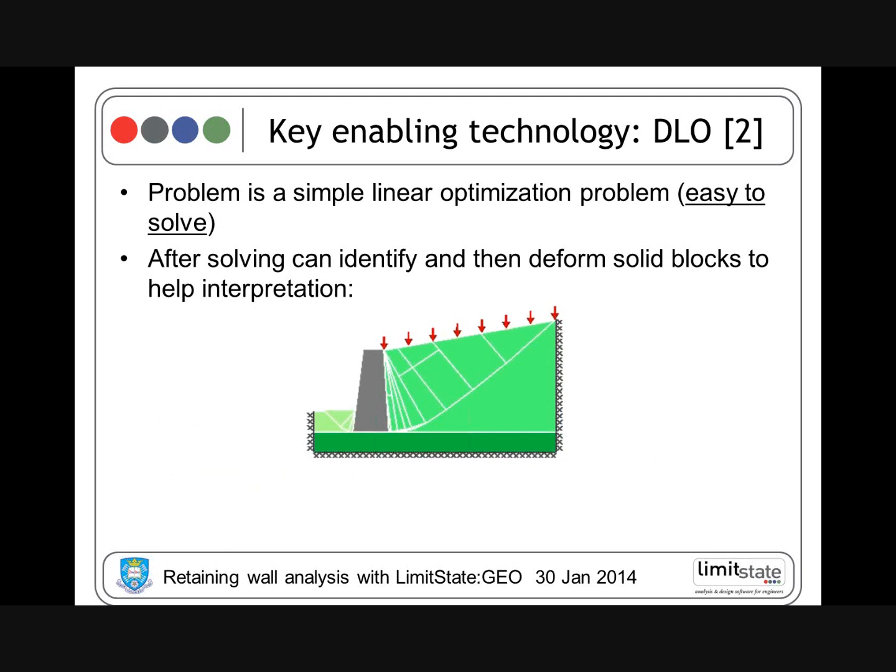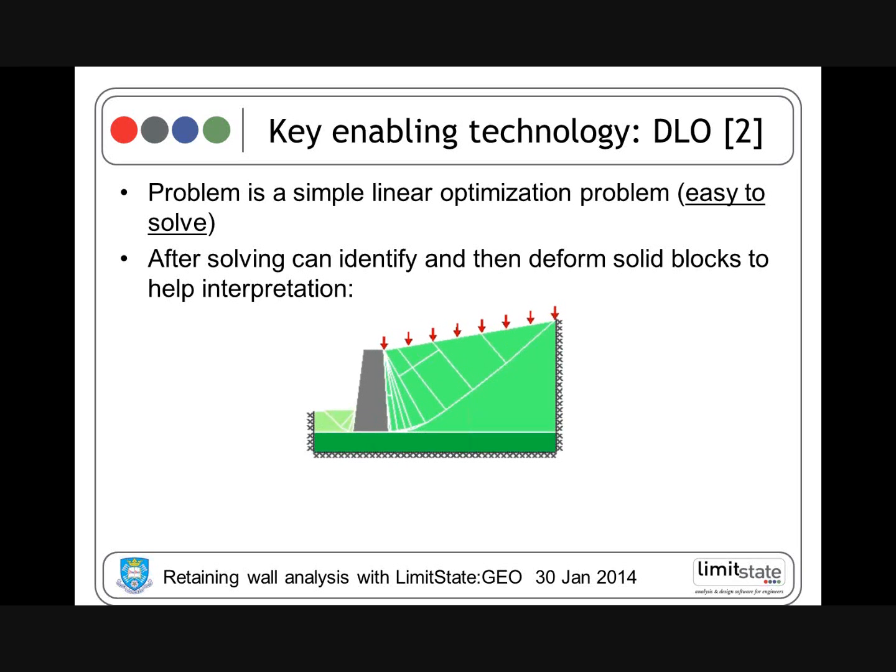It turns out that it can be formulated as a simple linear optimization problem, which is easy to solve on modern PCs with modern linear optimizing software. We use a commercial package, MOSEK, which was developed, I think, primarily for the finance industry, but is capable of handling thousands or millions of variables.